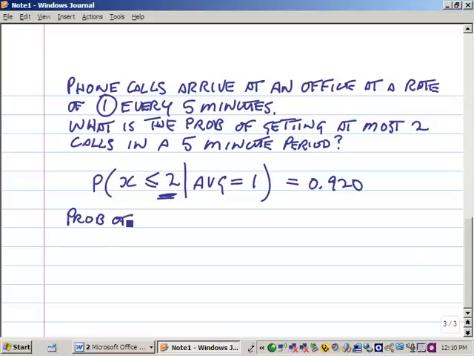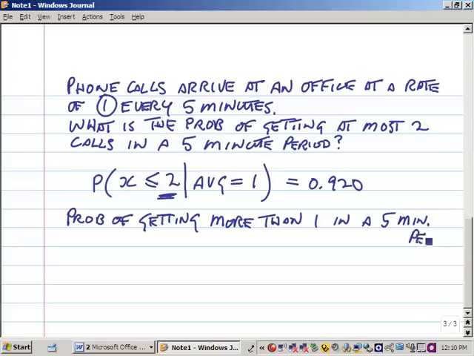Now, what's the probability of getting more than 1 call in a 5-minute period? The statement does not include 1.